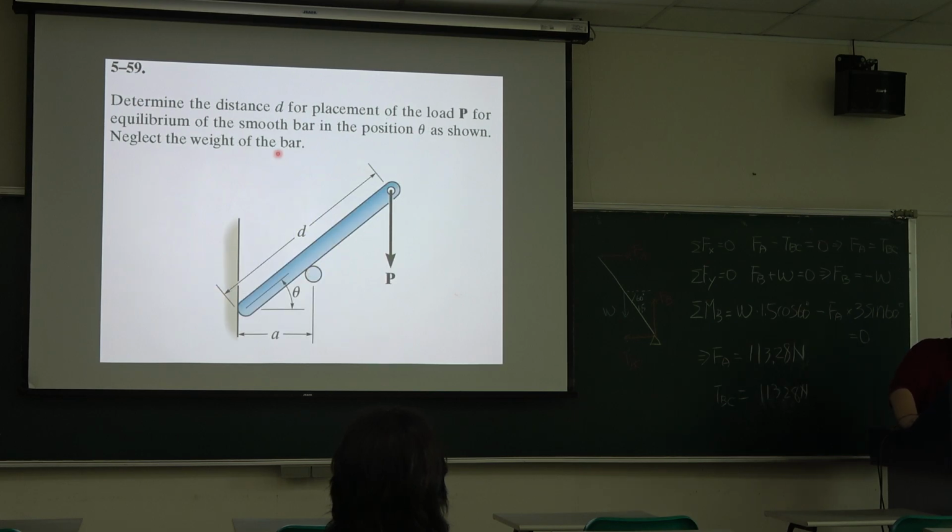And this equation, next example, determine the distance d. So we want to calculate the distance d for the placement of the load P for the equilibrium of the smooth bar in the position angle theta, shown like this figure, neglect the weight of the bar.